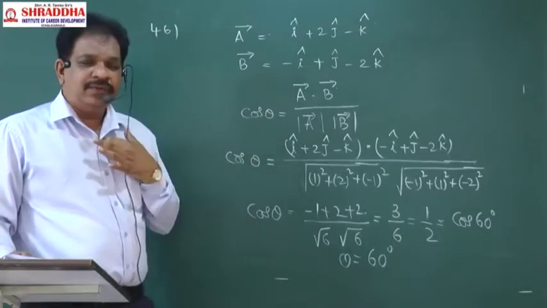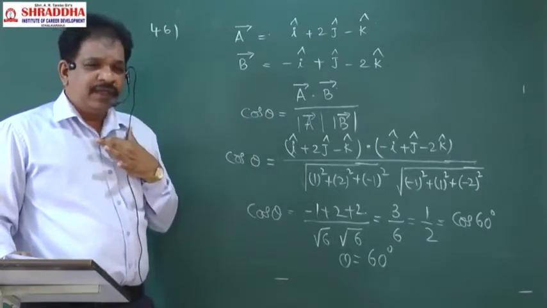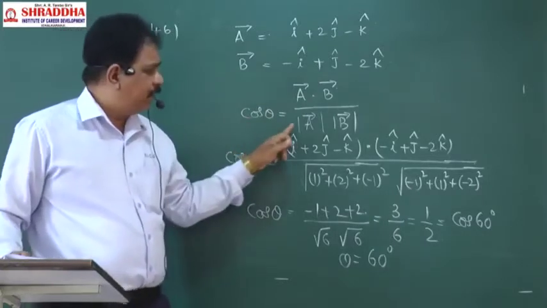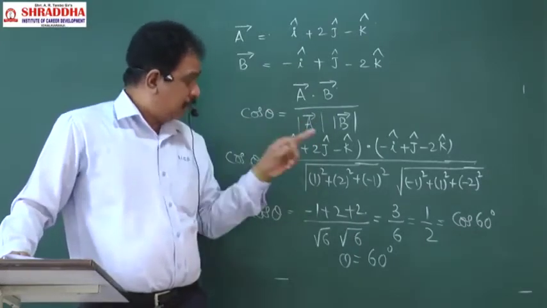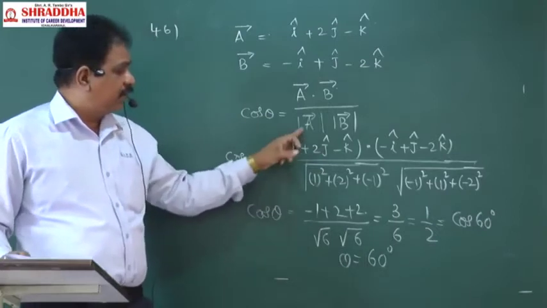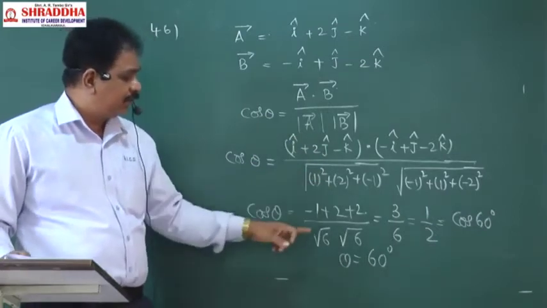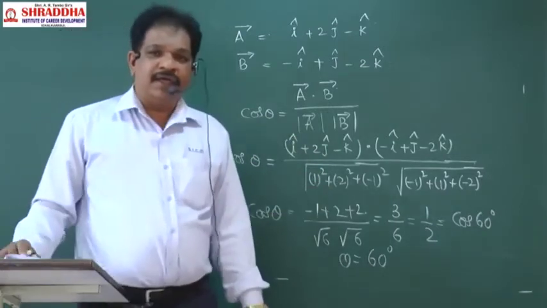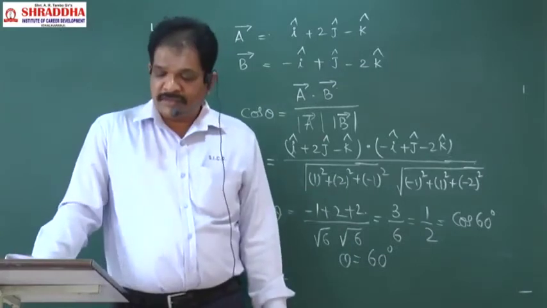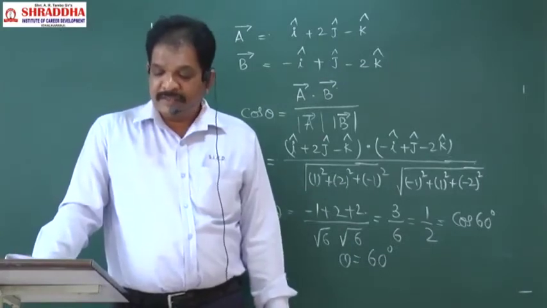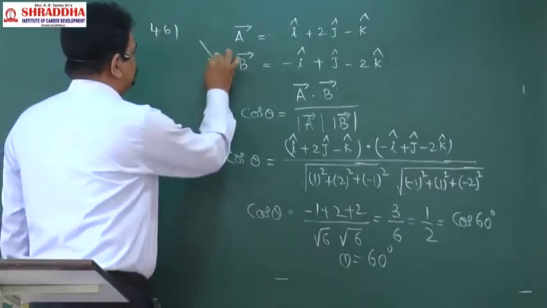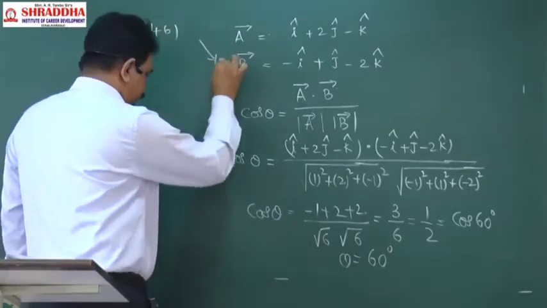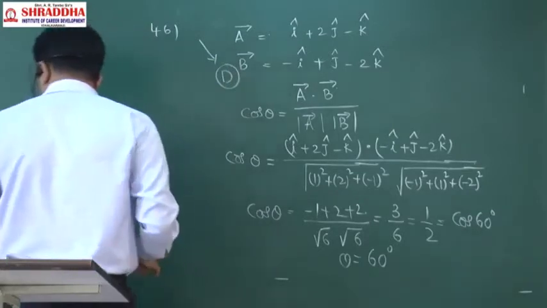To find it, we have to use the formula A bar dot B bar by mod A bar mod B bar. Then you do the dot product and find the magnitude. Finally, we got the angle between the two vectors as 60 degrees. So for 46, it will be the fourth option, 46 will be D.